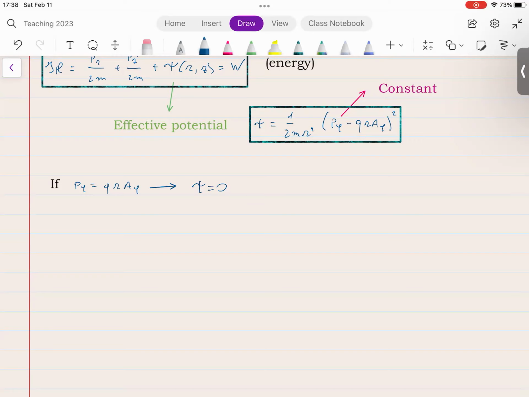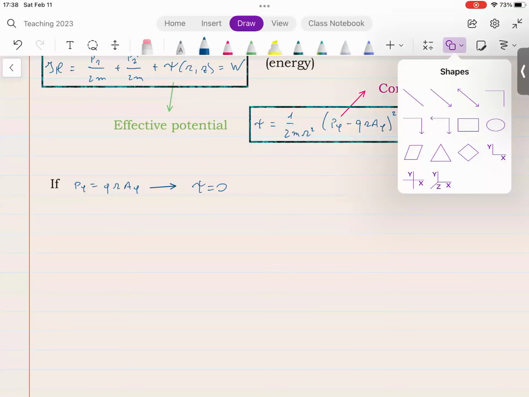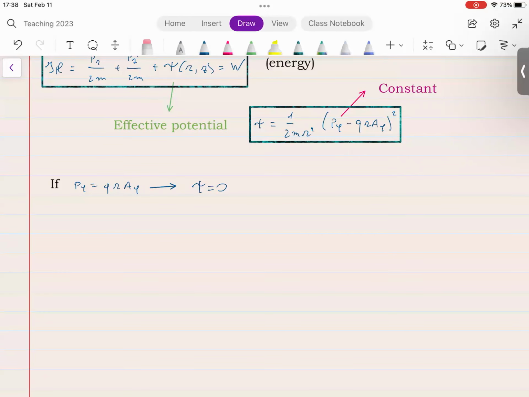Then if I plot now psi versus r, I can see that it's going to be 0 at some special value of r, and it's going to be larger than 0 elsewhere.